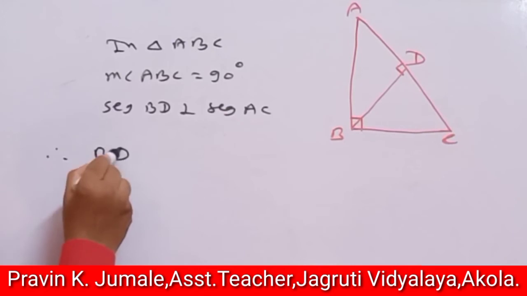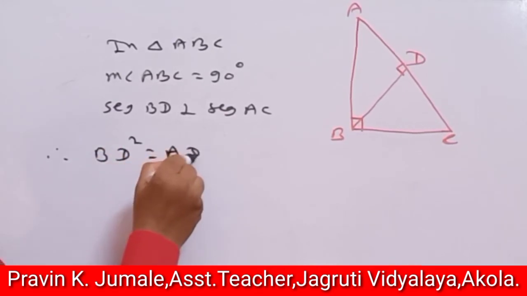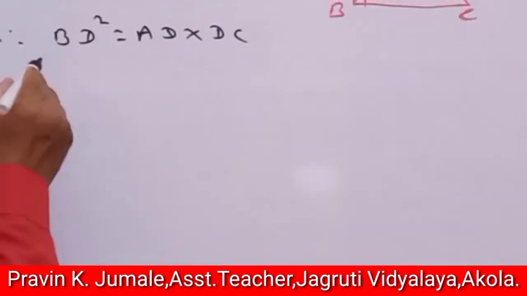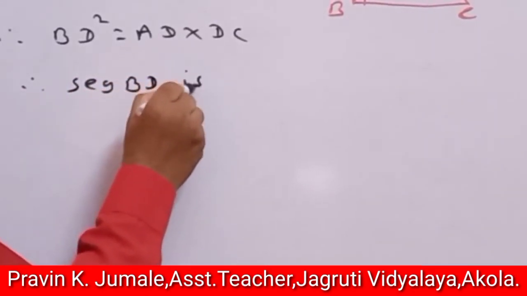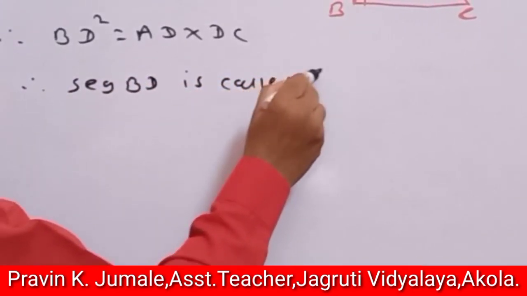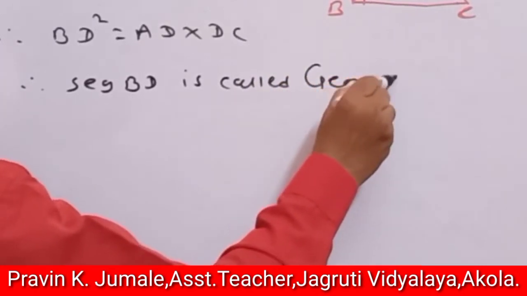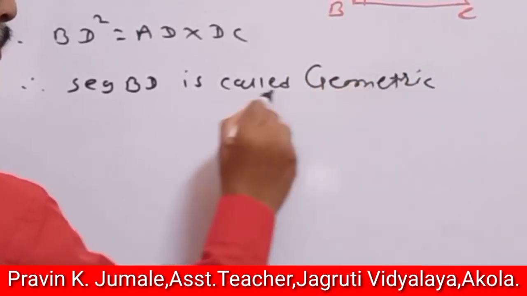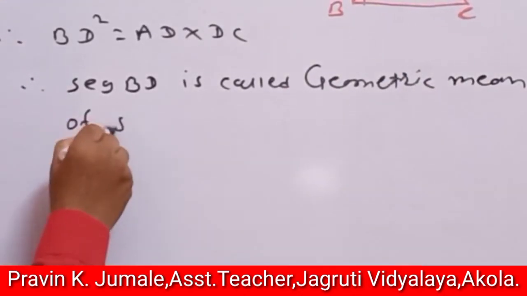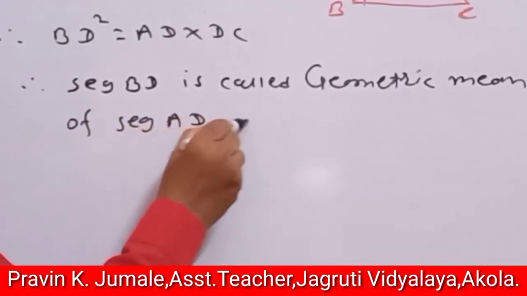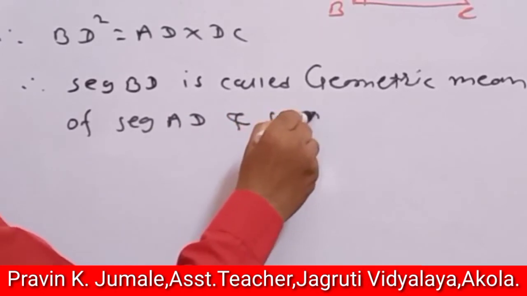Therefore, BD square is equal to AD multiplied by DC. Therefore, segment BD is called the geometric mean of segment AD and segment DC.